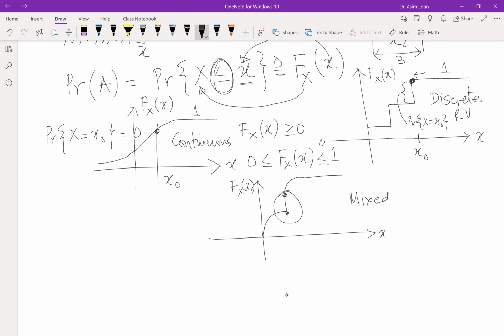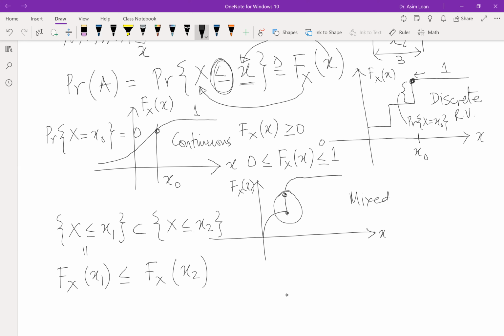If you recall, if the event X less than or equal to x1 is a subset of the event X less than or equal to x2, then by definition, if I take the probability of both sides, obviously this will be F_X(x1) because it's a subset. So this will be less than or equal to F_X(x2). Obviously x1 is less than x2.